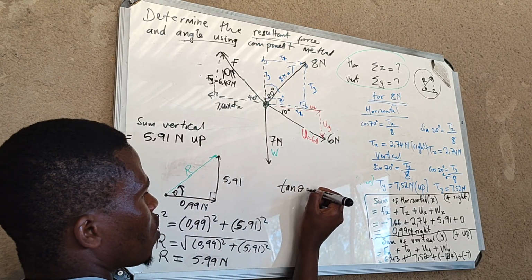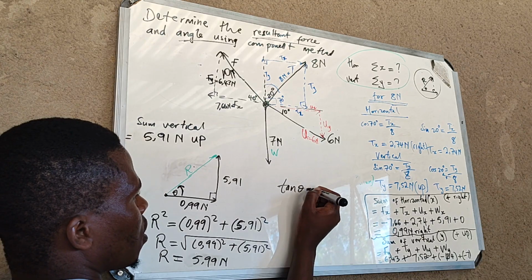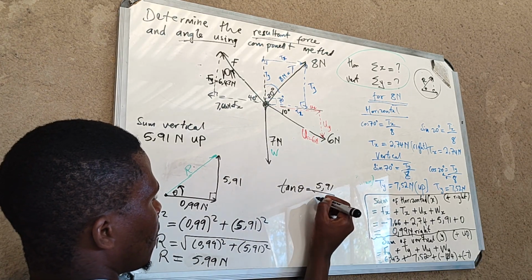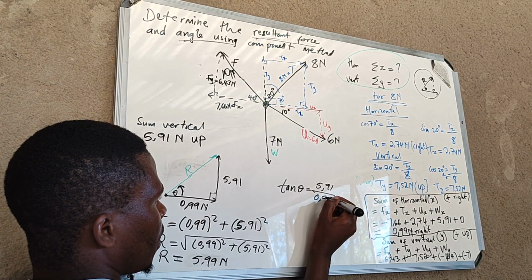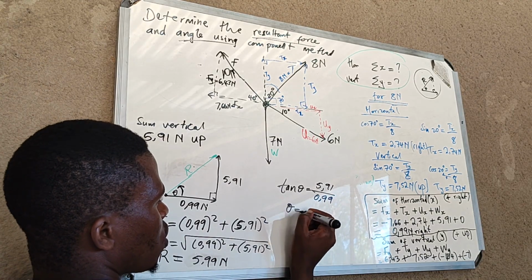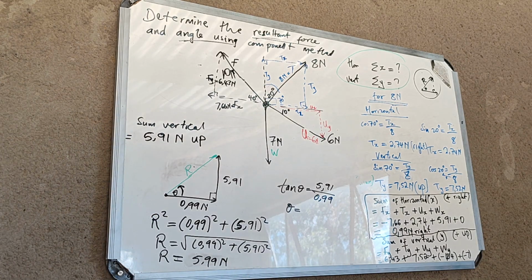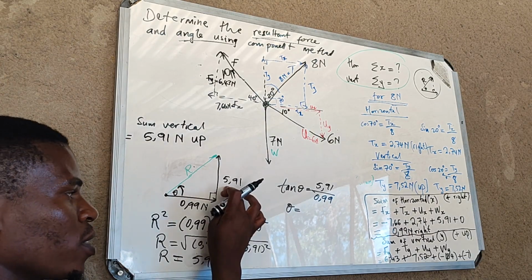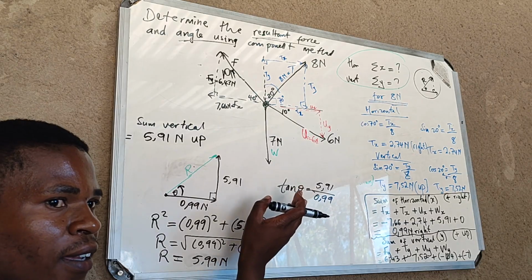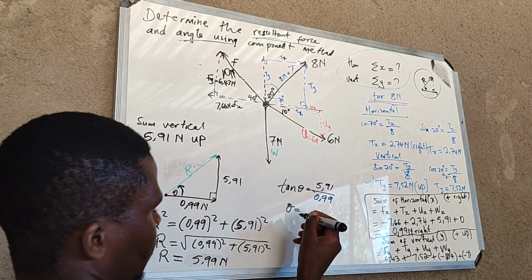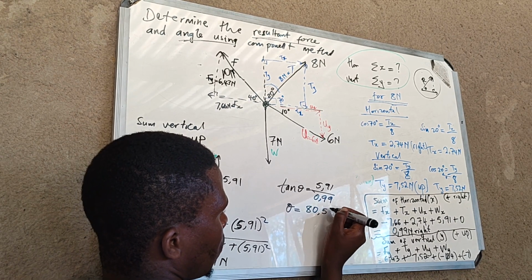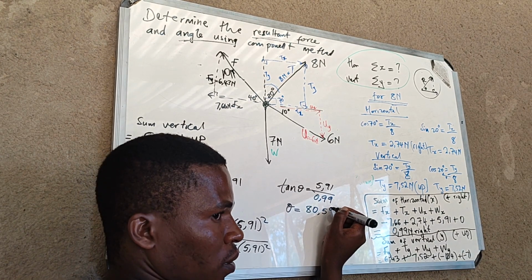Tan of theta equals to the opposite, which is 5,91 over adjacent, which is 0,99. So our theta equals to the inverse function of that. Again, if the angle is here, we want opposite over adjacent. This is tan again. 80,5 degrees.